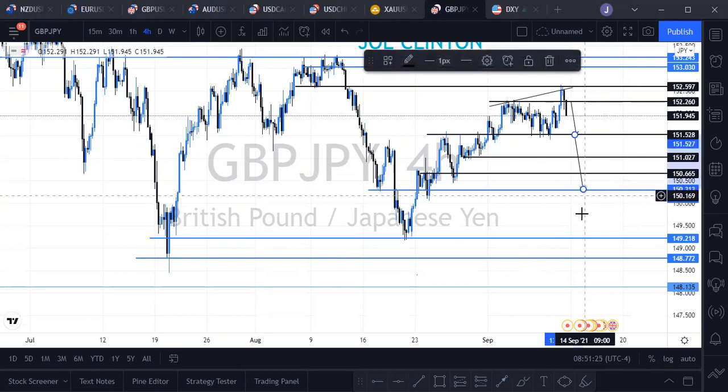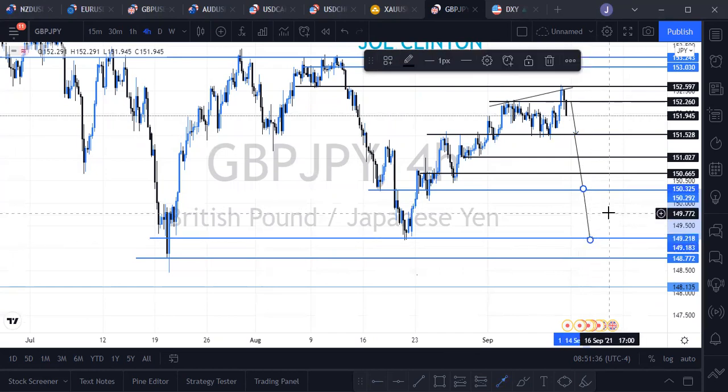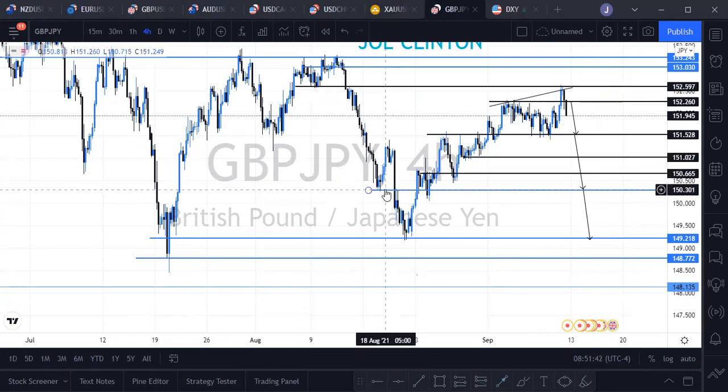So we are having three targets here: target 1, target 2, and target 3. Target 3 is this point. Okay, so guys, wait for a good entry and sell JPY.